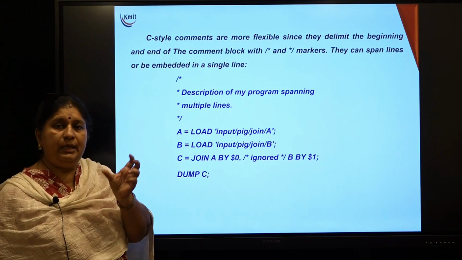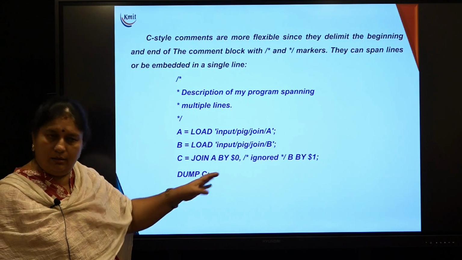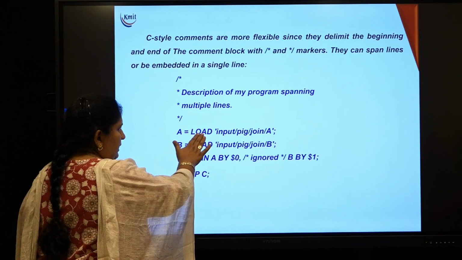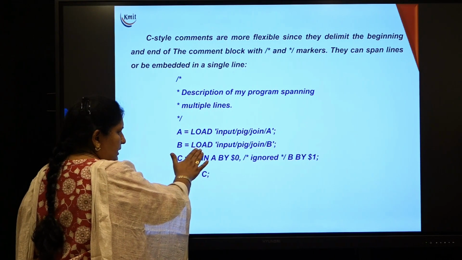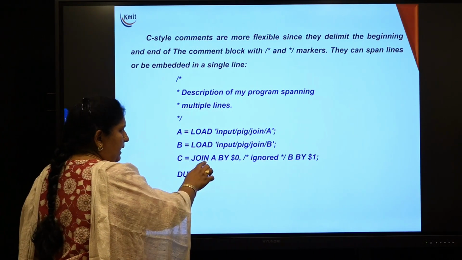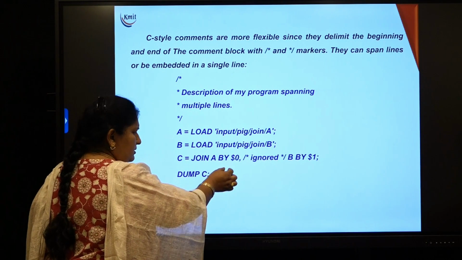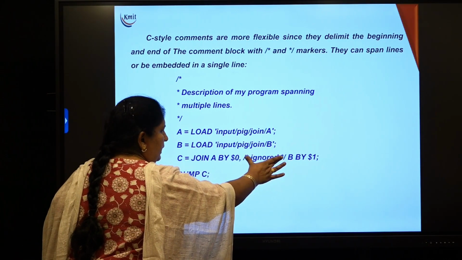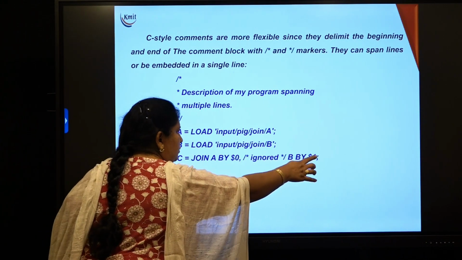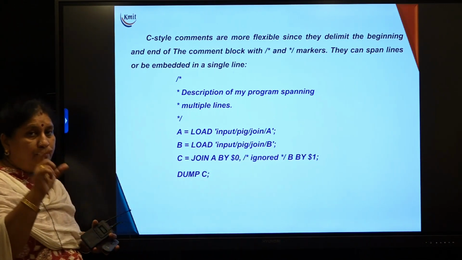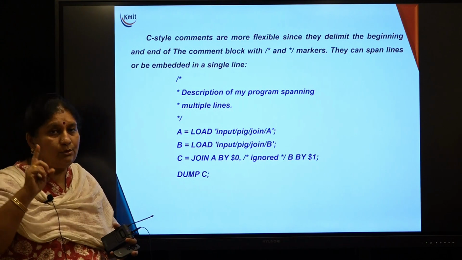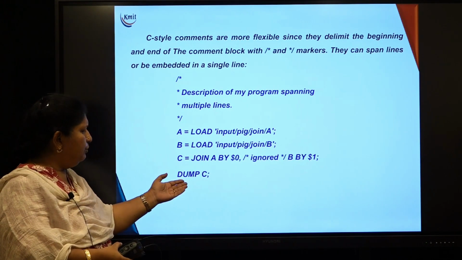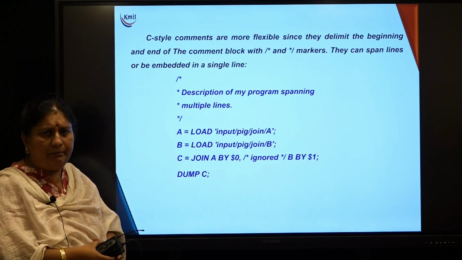If you see, for example, load the relation, load another relation, you are joining A and B by $0, the first attribute, and then this particular portion should be ignored, and after this you are continuing with the command. So, part of a command line can also be commented using C style commenting, and whatever output you want can be done using the dump command.